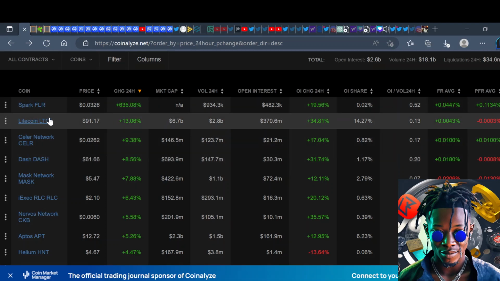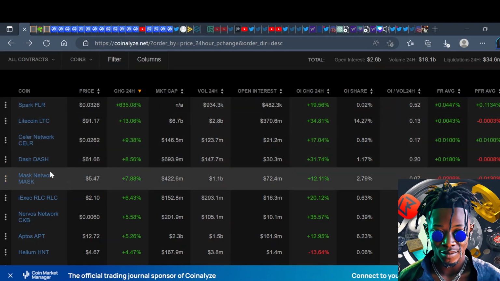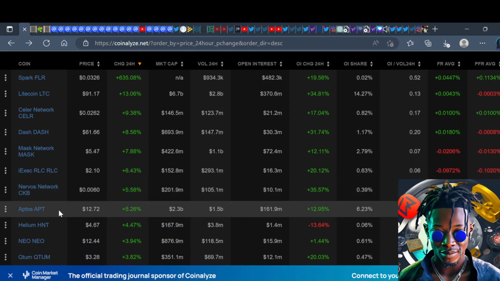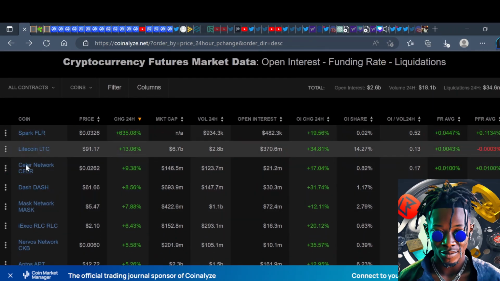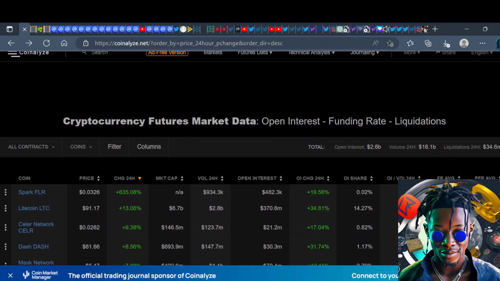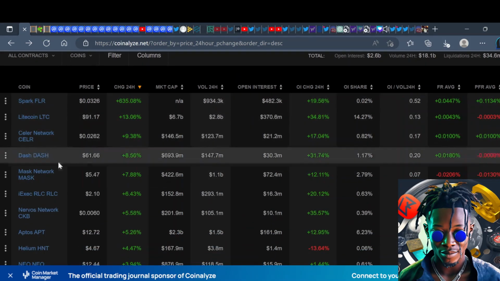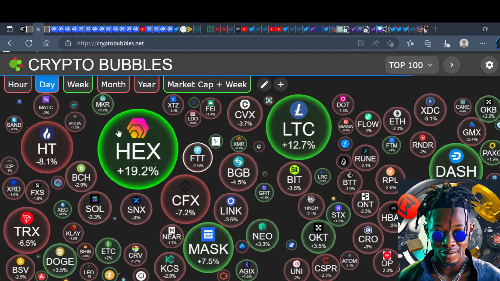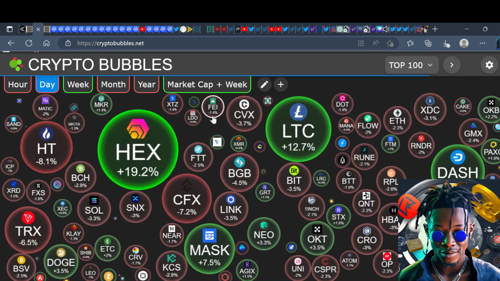You can see here Litecoin, Stellar, Mask, iExec, Nervos, CKB, Aptos. So it's kind of funny that here we're looking at the futures markets data, open interest, funding rate, that a lot of these projects are actually the strongest projects today on crypto bubbles.